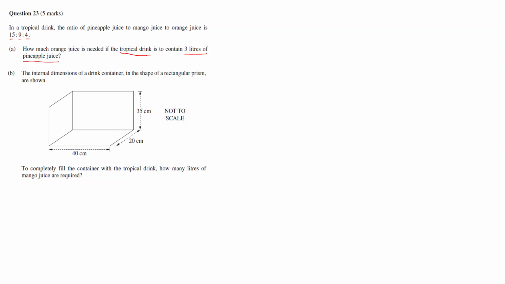If I want to work out what is the proportion of pineapple in a drink, pineapple makes up 15, and the total is 15 plus 9 plus 4. So the proportion of pineapple is 15 over 28.